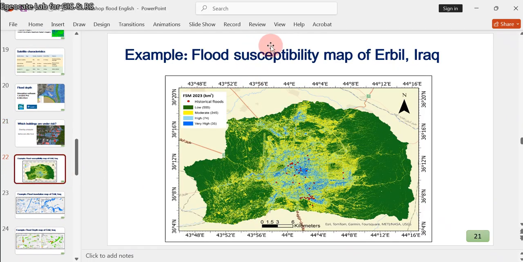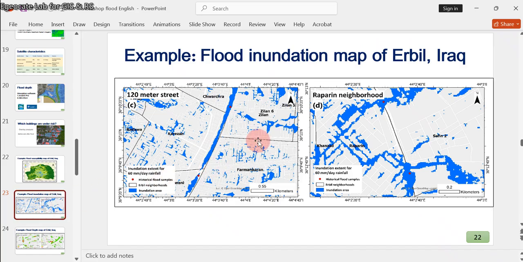This is an example of flood susceptibility of Erbil city, and also an example of a flood inundation map of Erbil city. The blue area is the flooded area, or flood inundated area. It's only a simulation. It's not after the flood, it's before the flood.